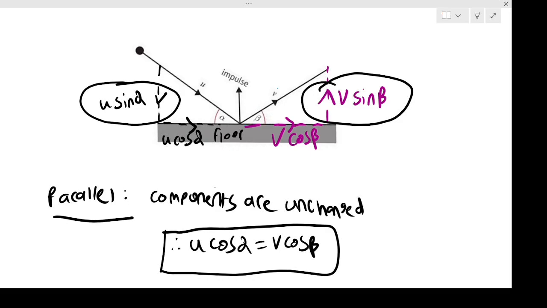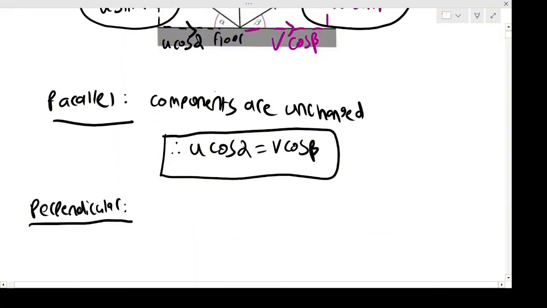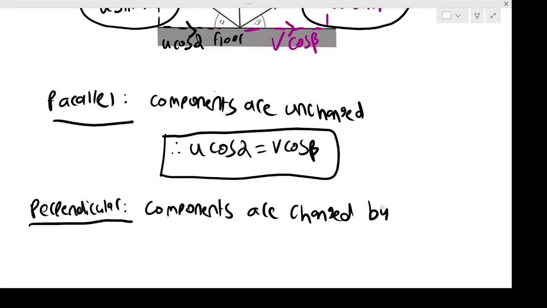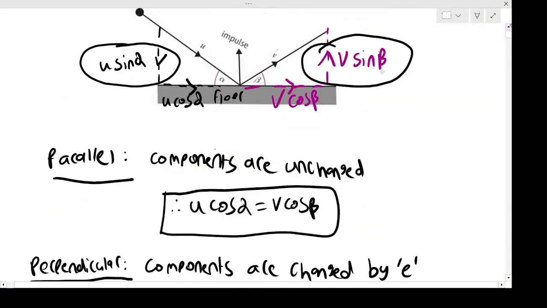So the coefficient of restitution only affects the perpendicular components, okay? So for the perpendicular parts, the components are changed by E. And if you remember from chapter 4, we saw that E was the speed afterwards divided by the speed before, right?